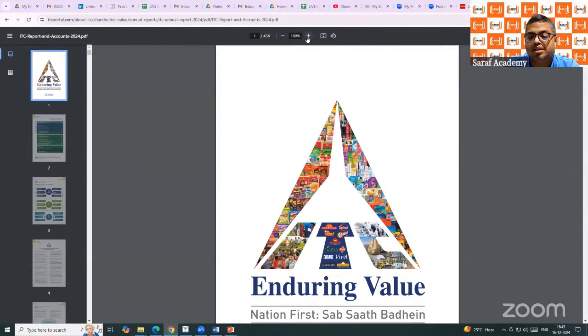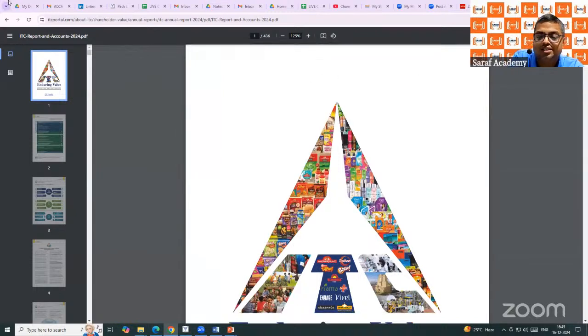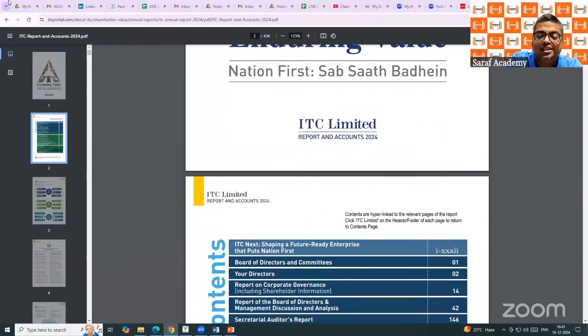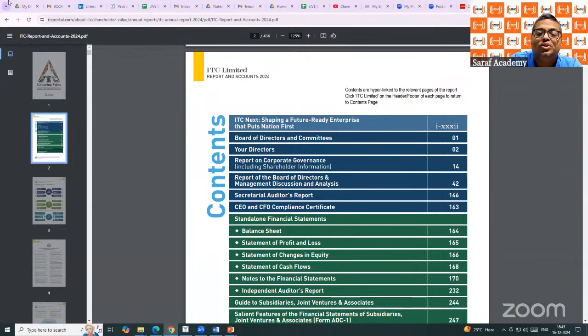We may be thinking PL account balance sheet is one page. This is 436 pages. And the font size is also not more than 10, not 20, not more than 10. Board of Directors report, report on governance, Board of Directors, statutory auditors report, CEO, CFO report, statement of financial statement, balance sheet, PL account. I'm just opening 164, 165.